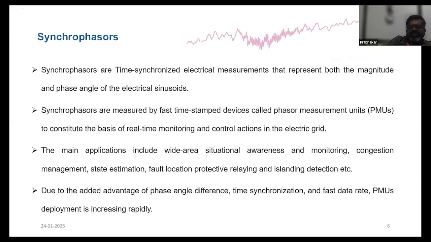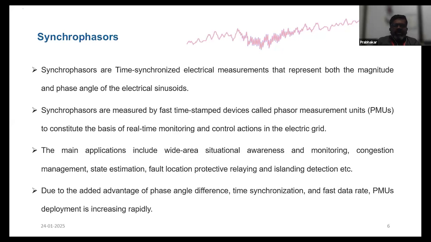The main applications include first monitoring. You can see the conventional way of monitoring, congestion management, state estimation, fault location, and islanding techniques. These areas are all enhanced by these synchrophasor units.